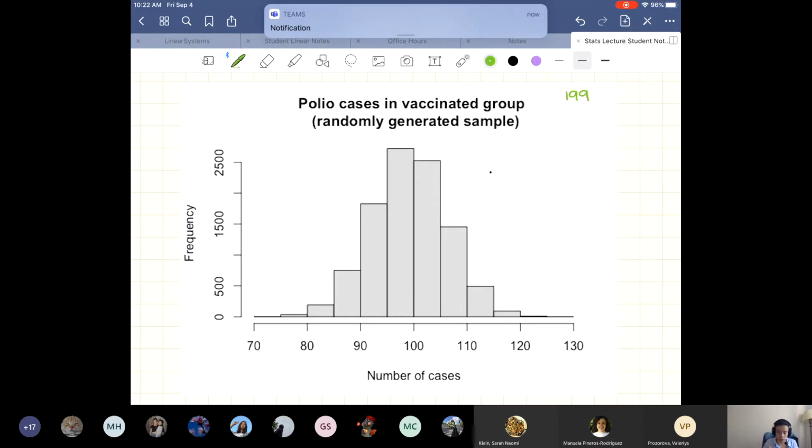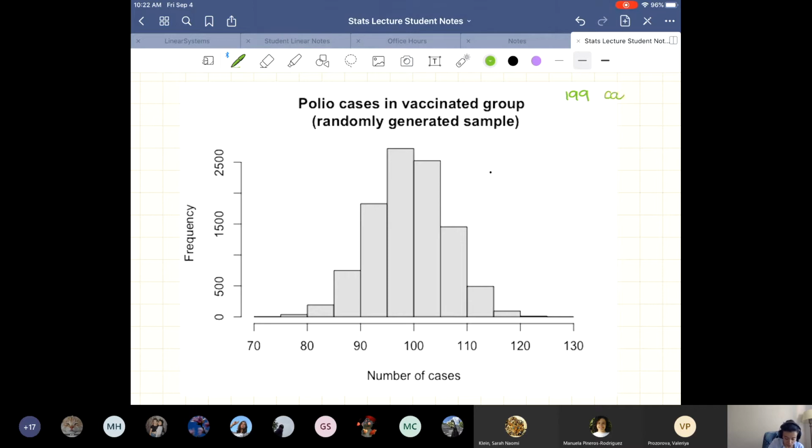Just look at it, understand what I'm saying, and that's fine. Because you have 199 cases of polio, right? You have 199 cases of polio, and supposedly cases that we're going to get polio anyway.